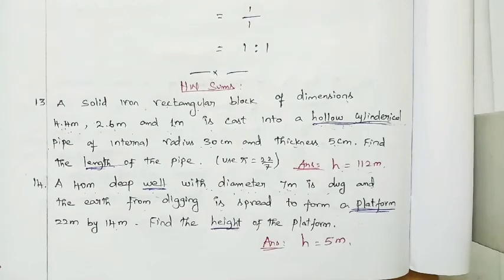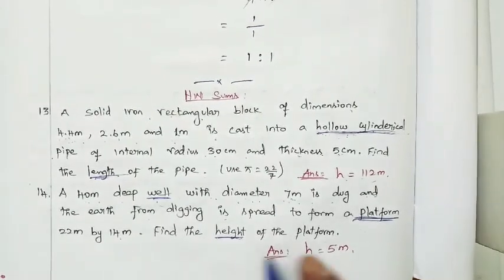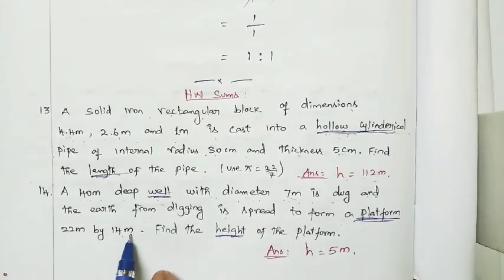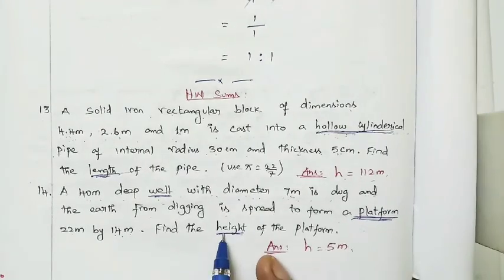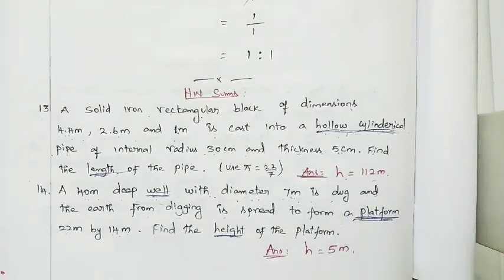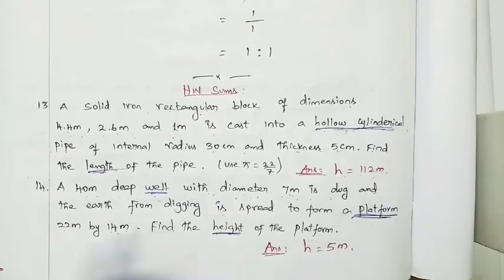So here, what is the shape of the platform? That we want to know. They have given 22 meter by 14 meter, that is length into breadth, and they are asking height. So length, breadth, height: the shape of the platform is nothing but cuboid, right?